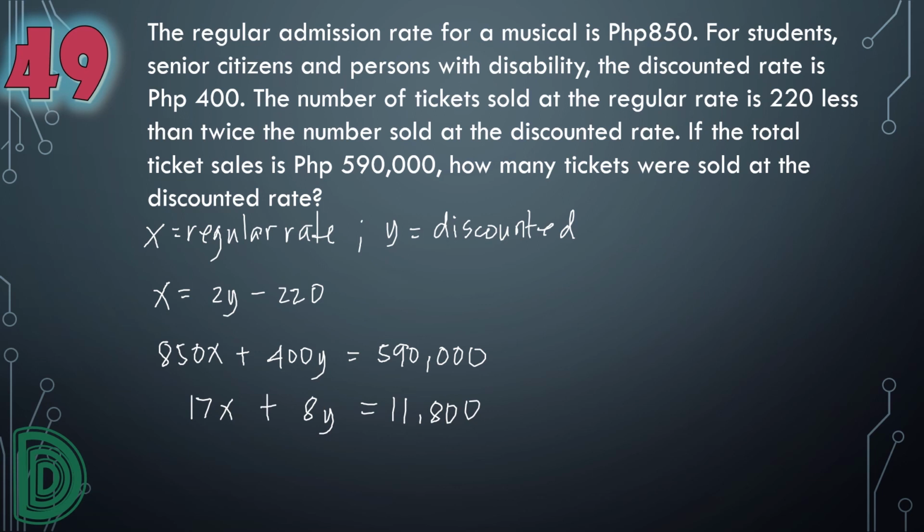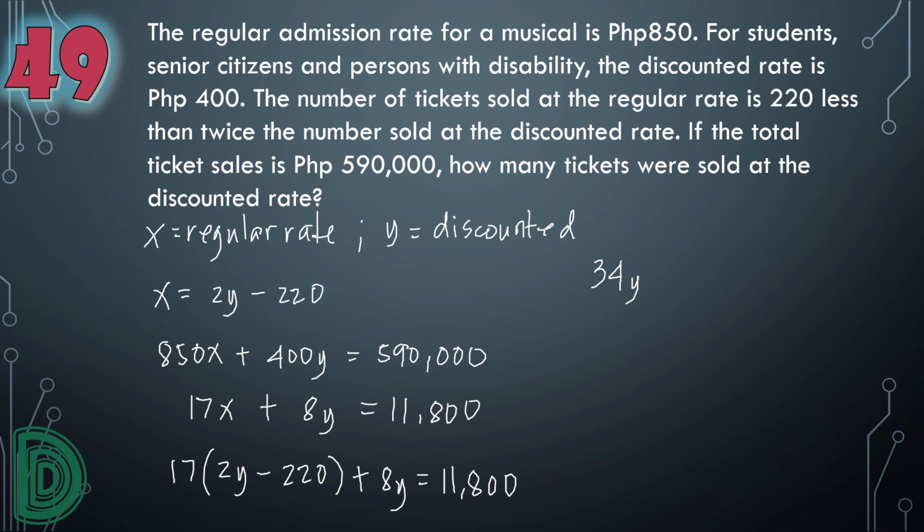Now let us substitute the value of x, which is 2y minus 220. That will be 17 times 2y minus 220 plus 8y is equal to 11,800. 17 times 2y is 34y. 17 times 220 is 3,740.